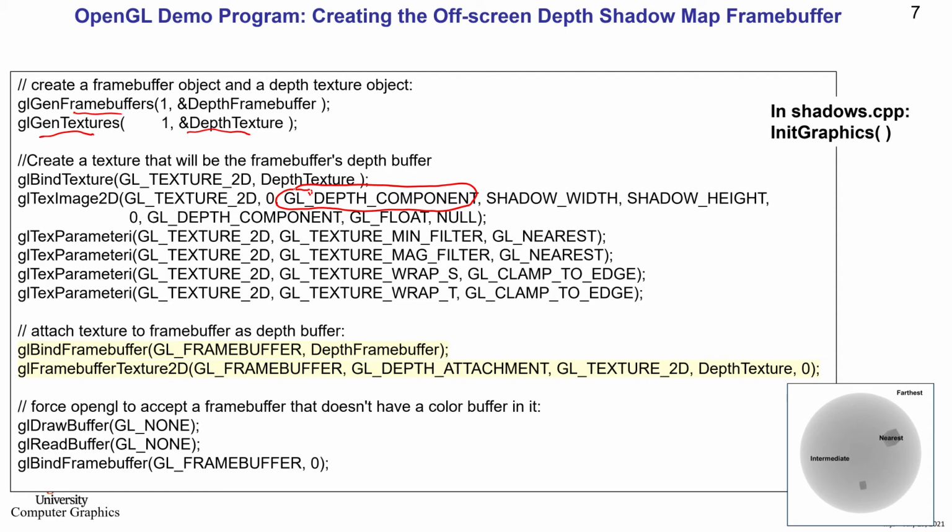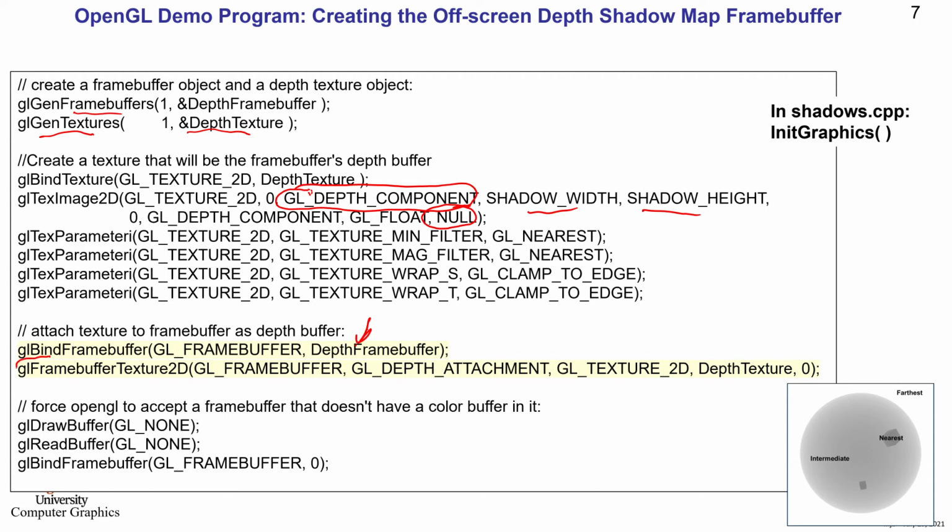And where we normally have been putting an array of texture image data, we're putting null, meaning make it this big, here's the width, here's the height, but don't put anything in it. That's because we're going to render into it. The reason it knows to render into it is we bind the auxiliary memory frame buffer.